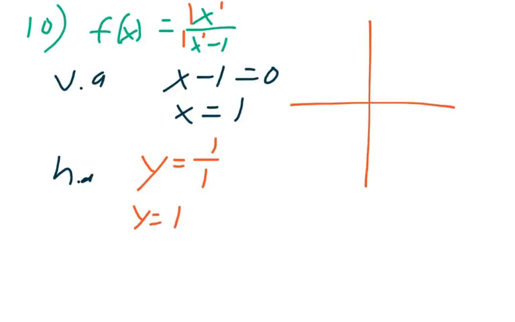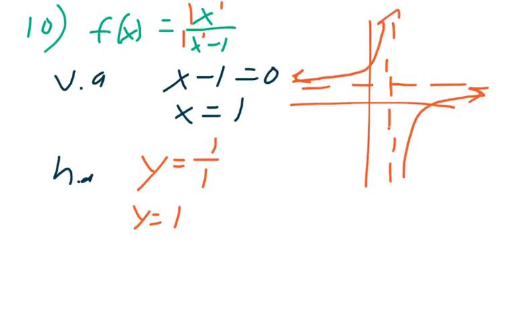And so here's my vertical asymptote, here's my horizontal asymptote, and the graph goes like this and like that. And that will be it for this first part of the review video.